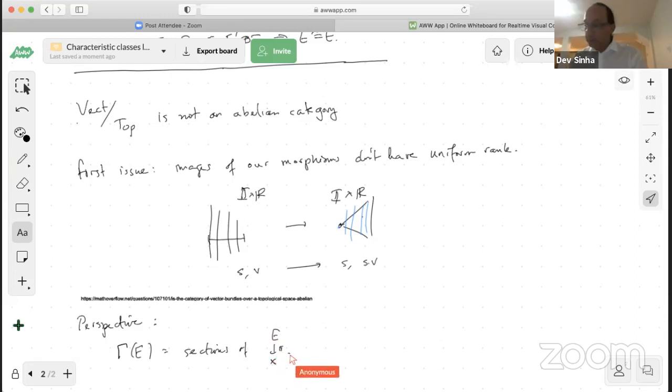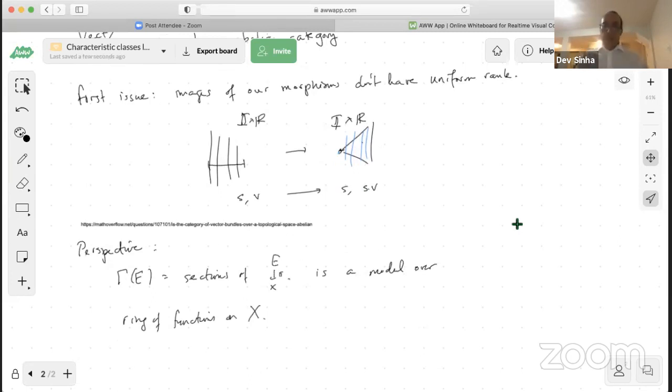Then what you have is that this is a module over the ring of functions on X. Now the ring of functions is infinite dimensional, right?